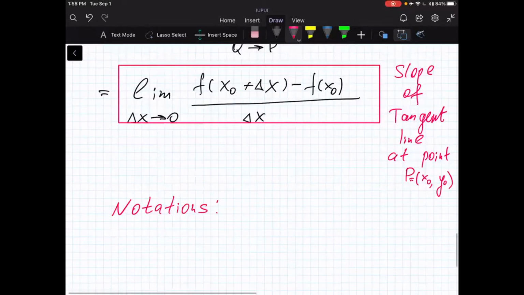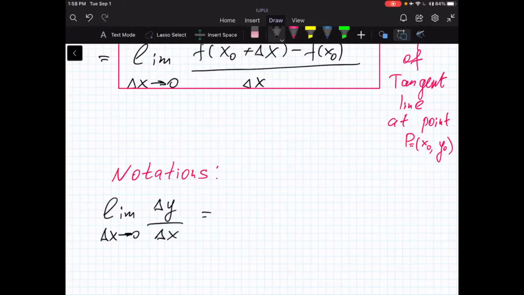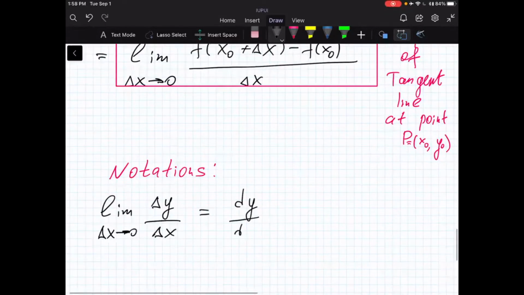So we can write this limit, delta y divided by delta x when delta x goes to 0, sometimes denoted by dy over dx. Sometimes it is denoted as f prime at point x0 if we specify the initial point.